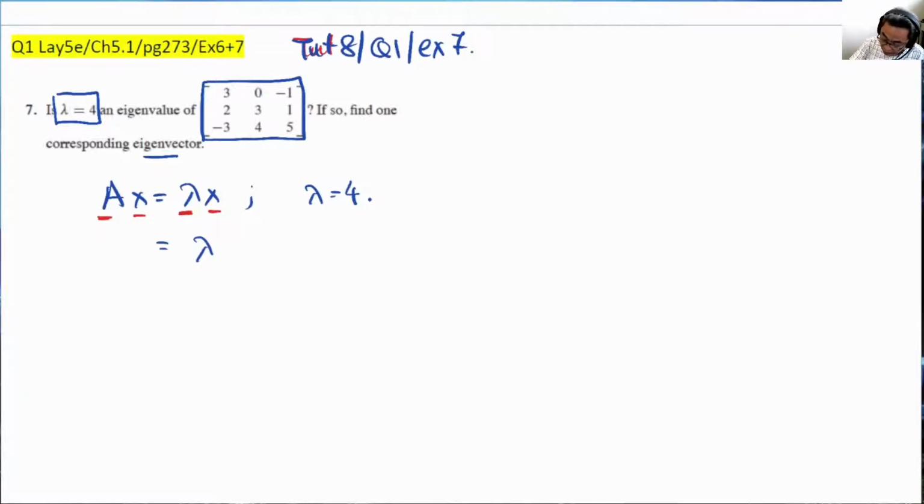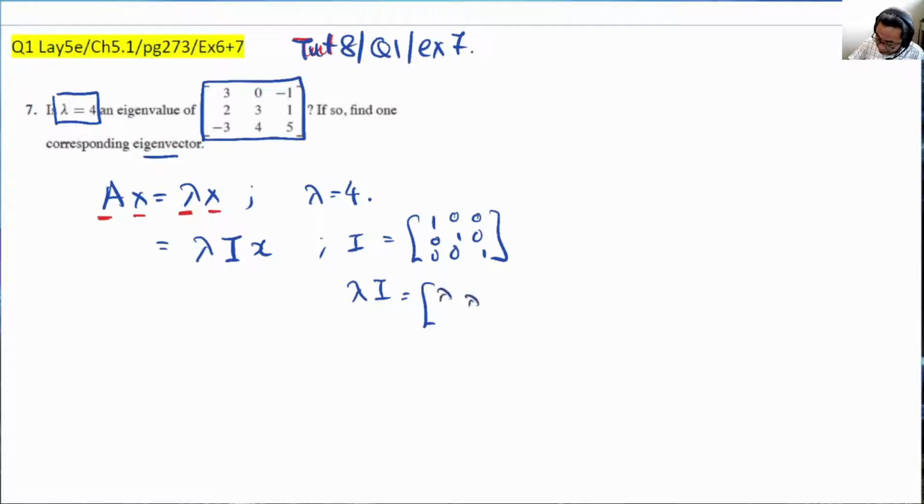To do that, we convert lambda x to be lambda times I x. What is I? I is the 3 by 3 identity matrix, because A is 3 by 3. And lambda times I is simply lambda, lambda, lambda on the diagonal, and lambda I times x will still equal lambda x.